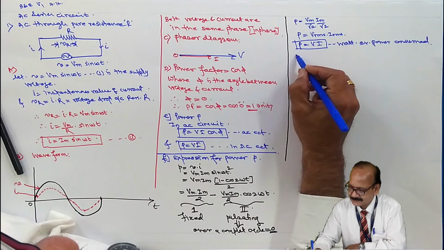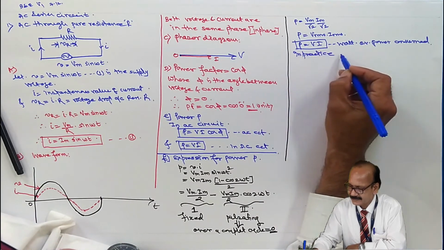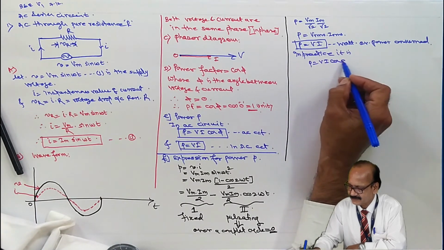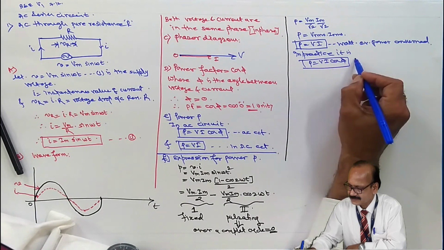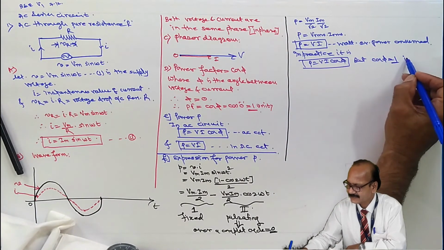In practice, it is P equal to V I cos phi, but cos phi equal to 1 in this case.